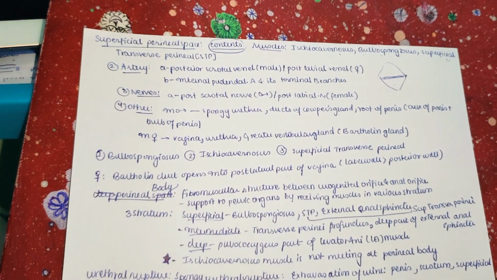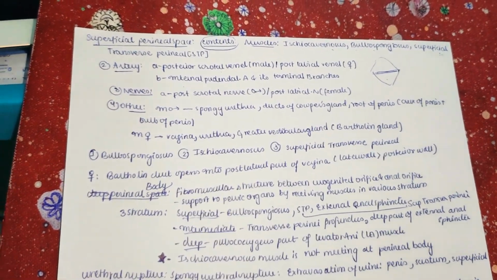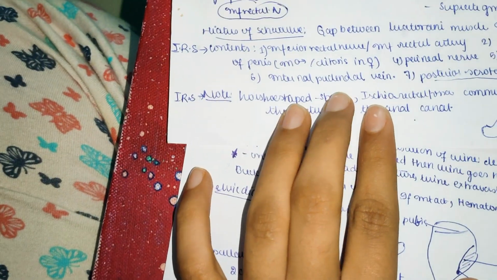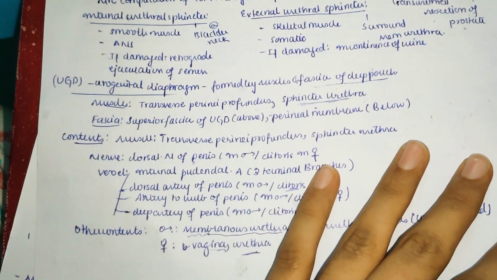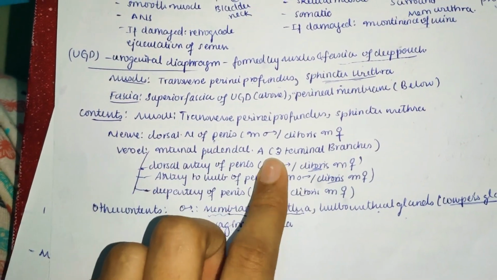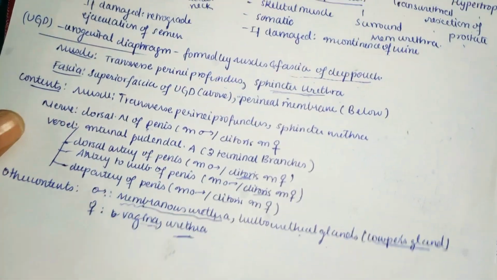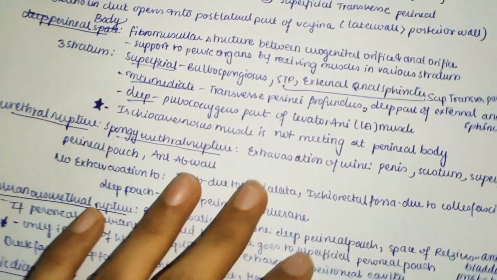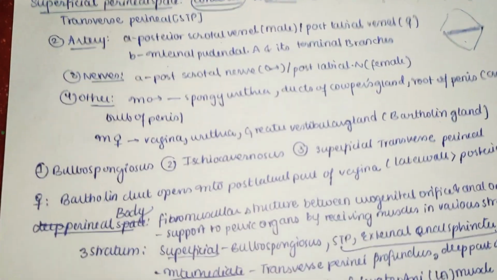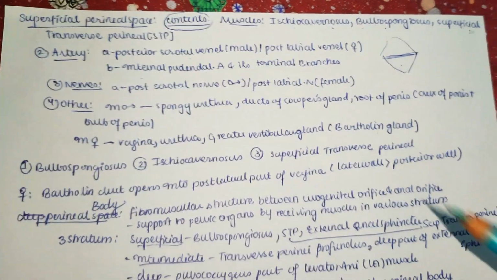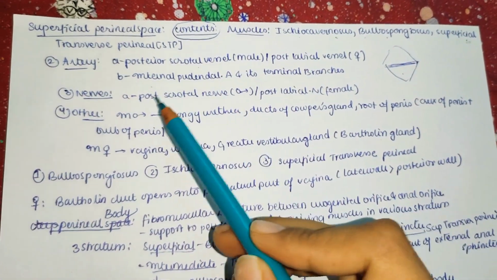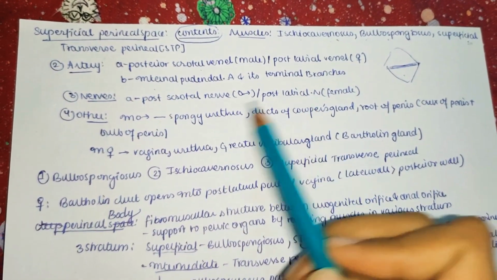Remember, in the deep space there is the internal pudendal artery with three terminal branches. But here also there is the internal pudendal artery and its terminal branches. And nerves: posterior scrotal nerve, and in female posterior labial nerve.